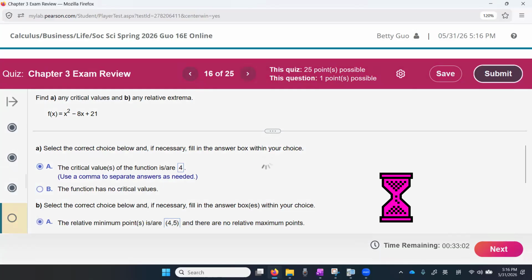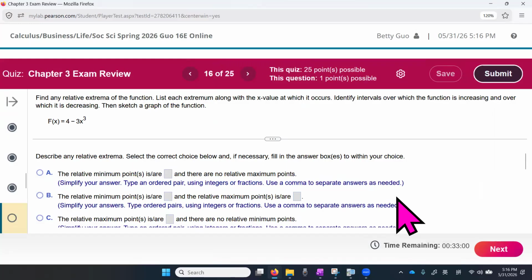Next, question number 16. Find any relative extrema. List each extremum along with the x values. Identify intervals where the function is increasing or decreasing. Okay, so let's see this problem.